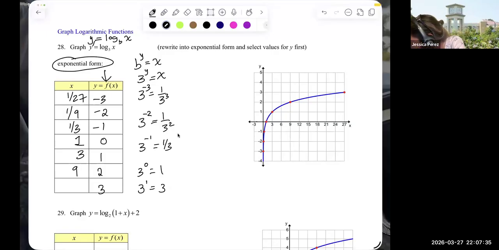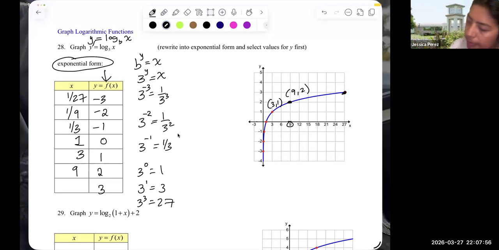That means that my x is now 9 and my y is 2. 9 comma 2, 3, 1. And then over here in the negative. And then the last one is 3 to the third, or 27. That means my x value is 27, but my y value is 3.